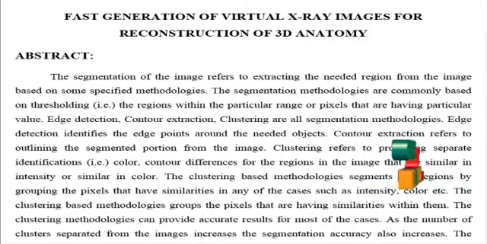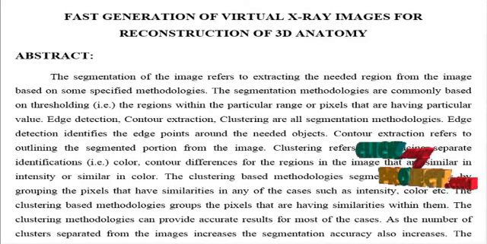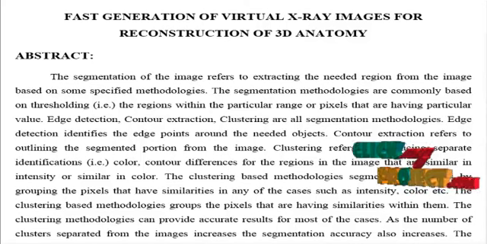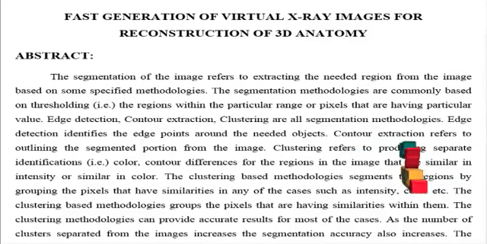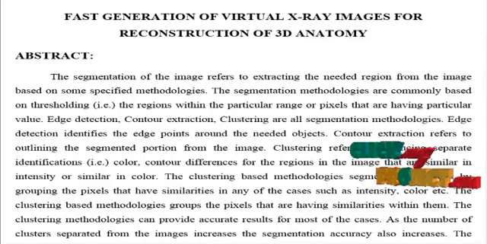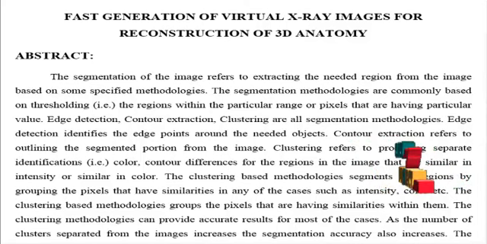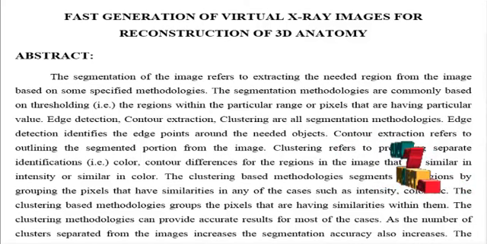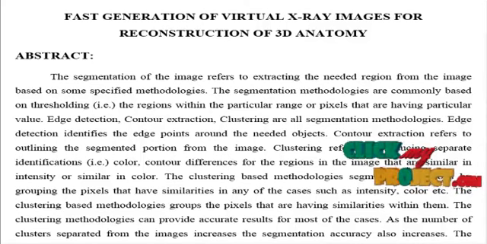The segmentation of the image refers to extracting the needed regions from the images based on some specific methodologies. Segmentation methodologies are commonly based on thresholding, that is, the regions within a particular range or pixels having a particular value.